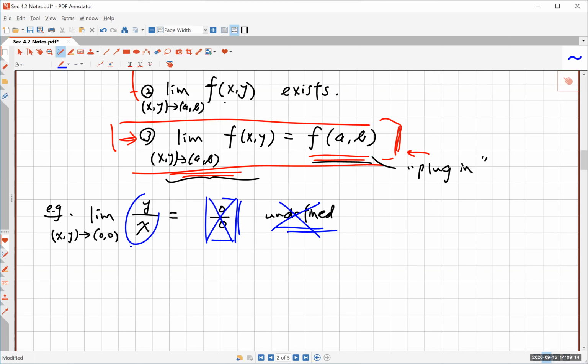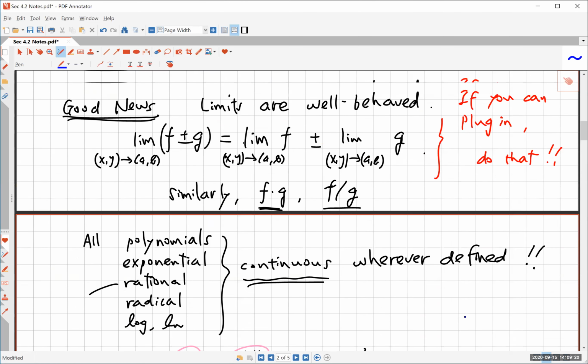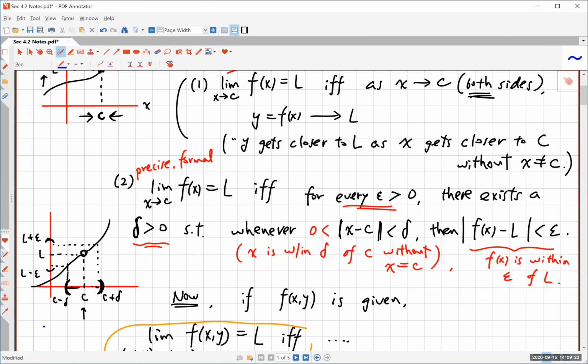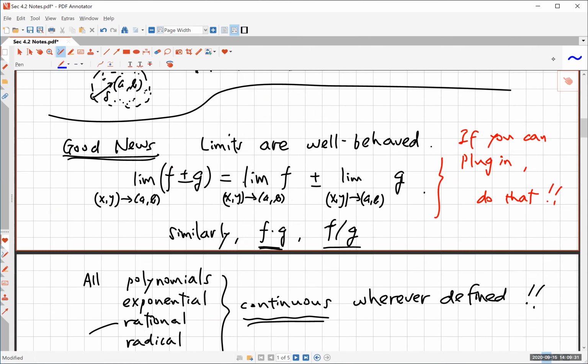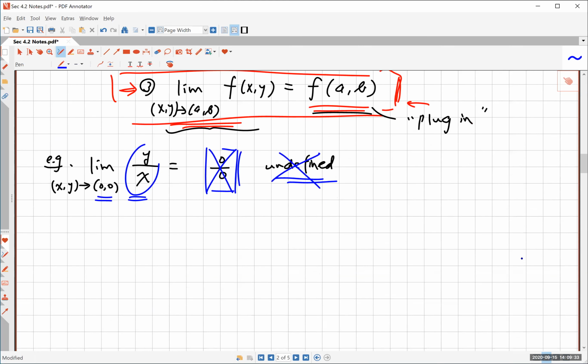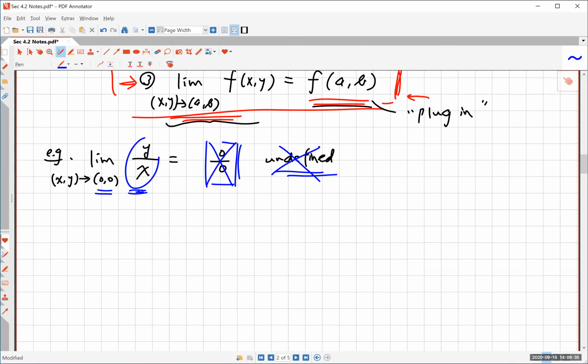Remember, the function can be undefined at a particular point and the limit can still exist. That is exactly what was happening in this case, right? The limit where f of c is empty. There's a hole, but the limit still does exist. So just the fact that f of 0, 0 is undefined does not mean that the limit does not exist.